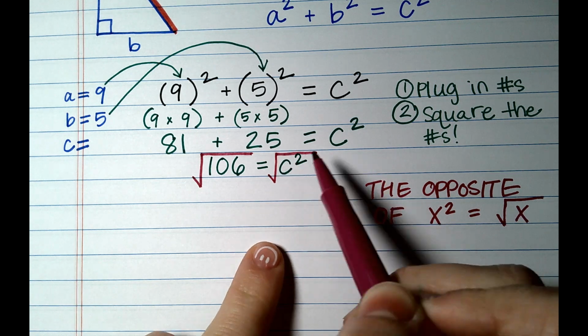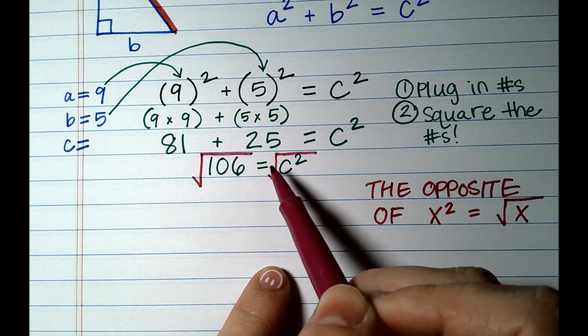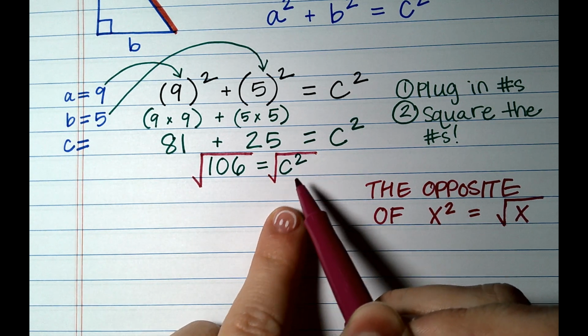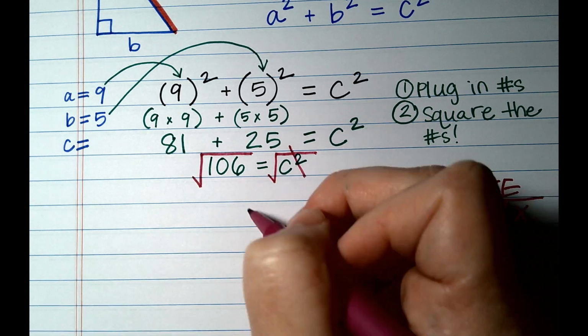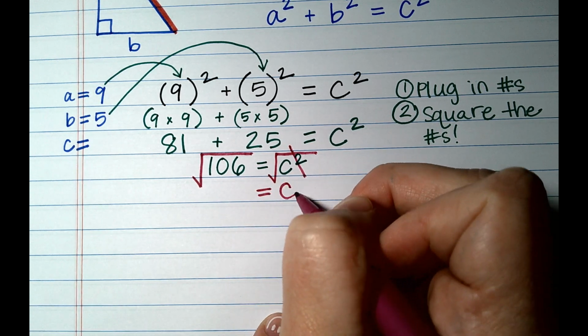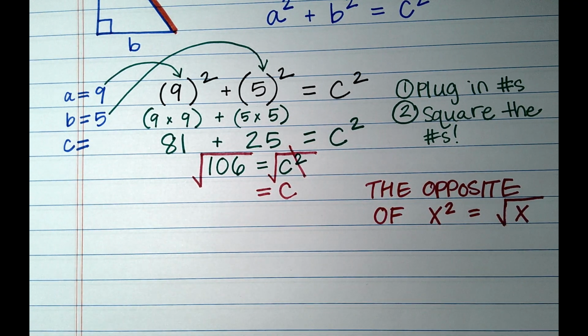Well, c times c is c squared. So the square root of c squared cancels that out, and it's c. Final answer is going to be a decimal between 10 and 11.